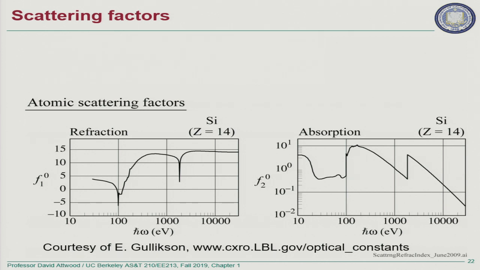And where there are these absorption edges, the phase term also has very sharp behavior. You can see that's why that term goes negative. Where f1 goes negative, that is where the index of refraction is less than 1. So it has to be right around an absorption edge, I believe.